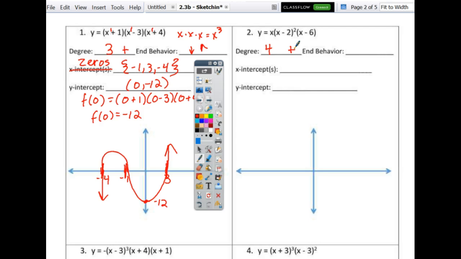You want the total x's. So I have 1 x, then I'm going to have 2 x's, and then I'm going to have 1 x. So 1 and 2 and 1 makes 4. Okay? So if it's positive and it's even, the end behavior is up and up, right? Up, up. So now I want the zeros.